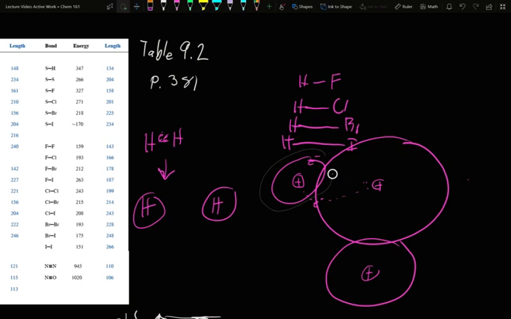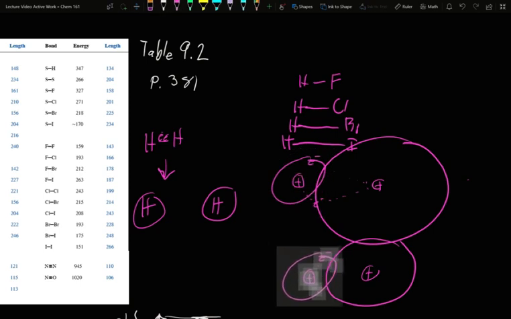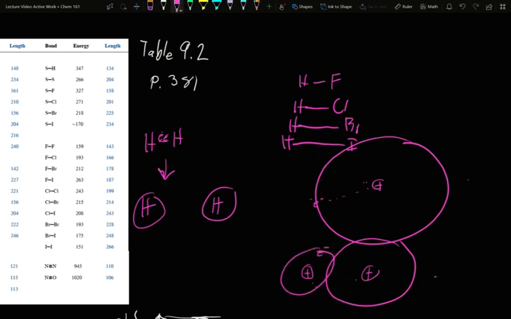Well, if that hydrogen pulls up to the fluorine, the distance the fluorine has to go to see those electrons is not as far. Because the radius for fluorine is different than the radius for iodine, the distance to the electrons is less.